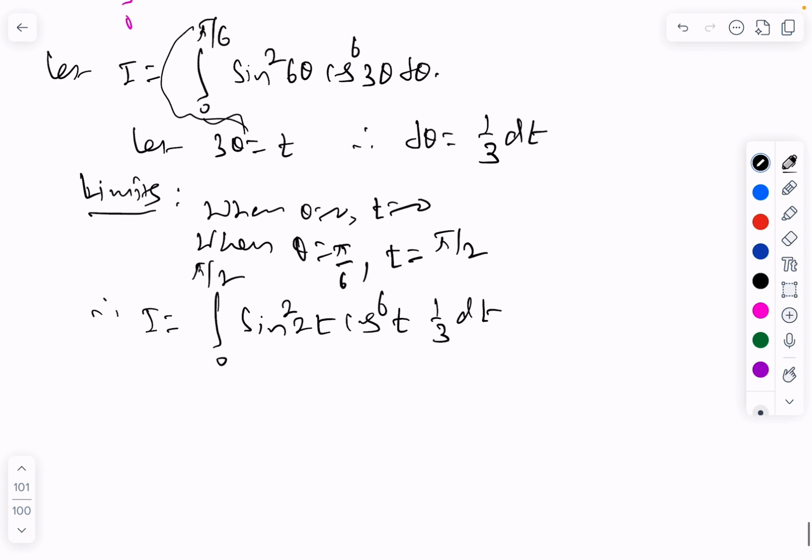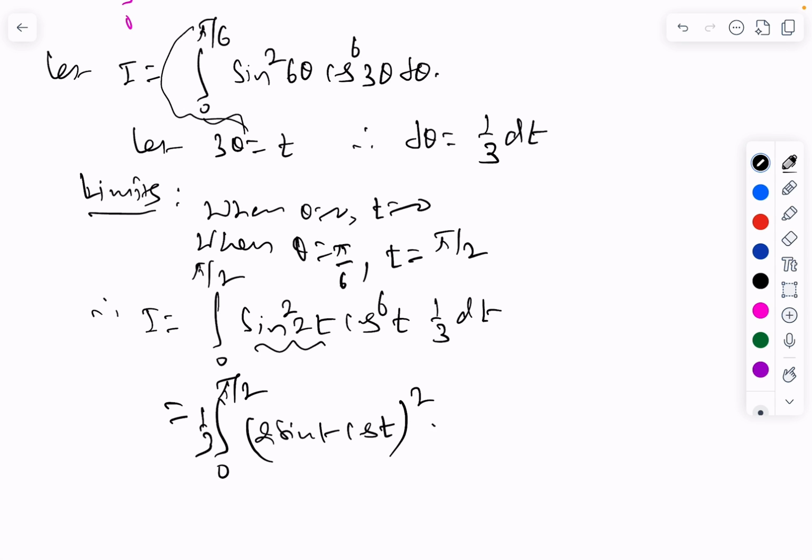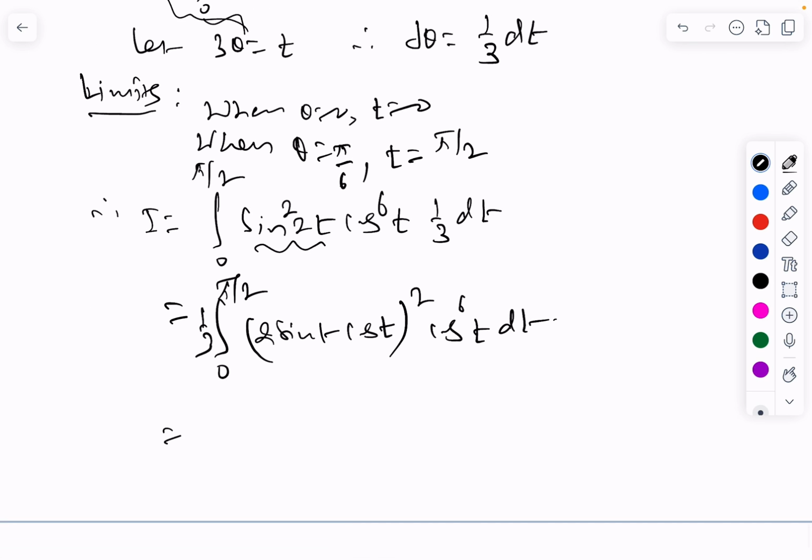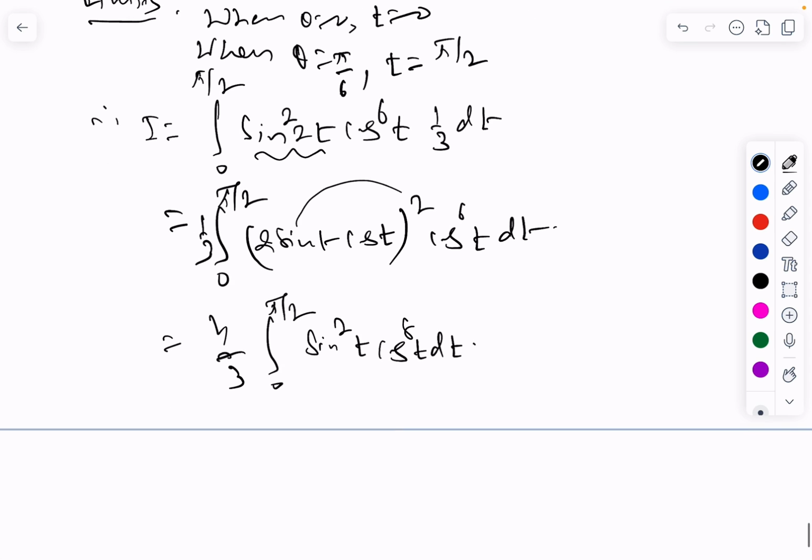Now this we can write as 0 to pi by 2, 2 sine t cosine t power 2, cosine power 6t dt. So this is 2 square, so that is 4 by 3, 0 to pi by 2 sine power 2t cosine power 8t dt. And now we use the reduction formula: sine power 2, 2 minus 1 is 1.